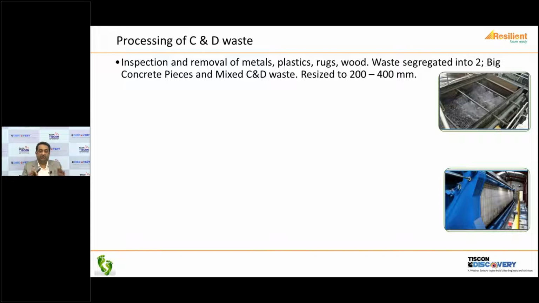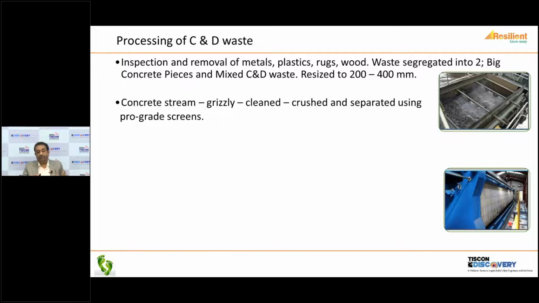And when you process, you have two parallel streams, which have two different processing facilities. The big pieces are resized to 200 to 400 millimeter size. After this, the concrete stream, or the dry stream, is put into a grizzly. As you can see on the top right-hand corner, the picture shows the aggregates being cleaned by sprinklers.